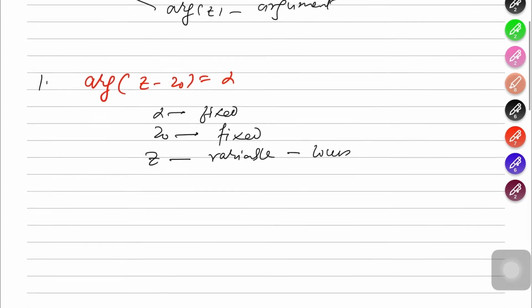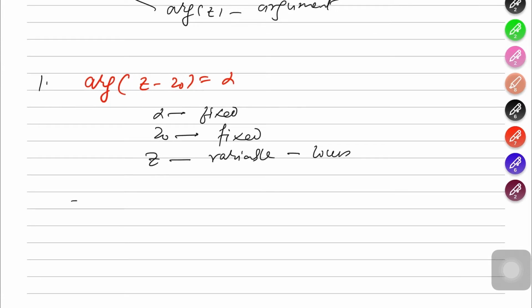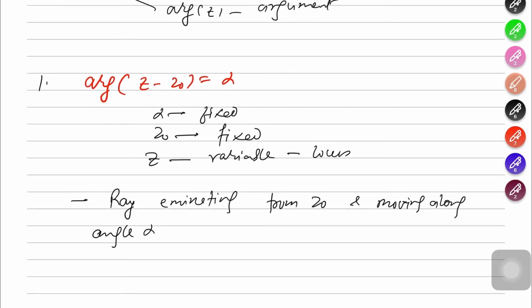So argument of z minus z naught equal to alpha represents a ray emanating from z naught and moving along angle alpha.